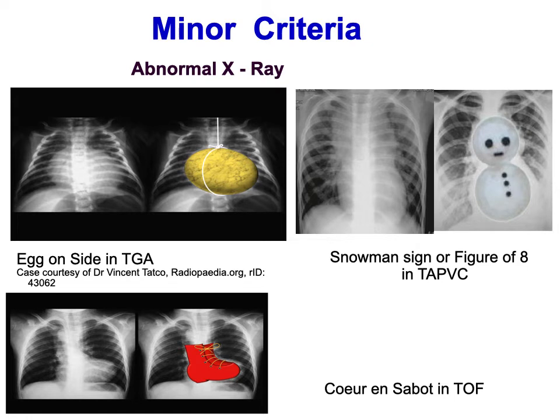So the boot has been shown as a comparison. You can see the cardiophrenic angle is very acute, and there is loss of shadow of the pulmonary bay, and right ventricular hypertrophy leads to pushing of the heart that gives the classical coeur en sabot appearance in tetralogy of Fallot.